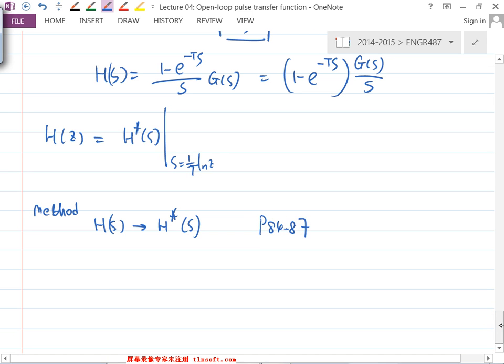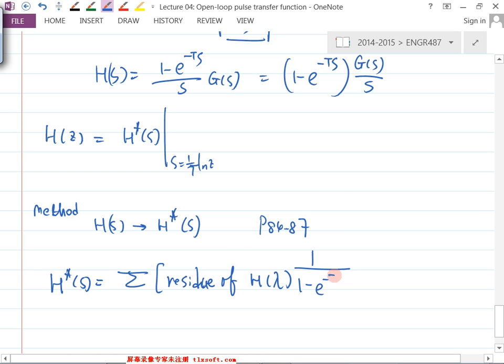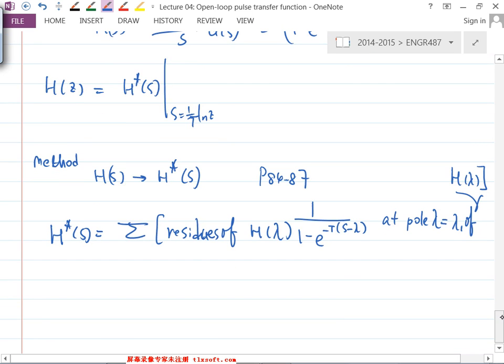So here's the formula. h star of s equal to the residue of h of lambda times 1 over 1 minus e to the power of minus T times (s minus lambda)... at lambda equal to lambda 1 of h of lambda. Okay, so that's the formula.